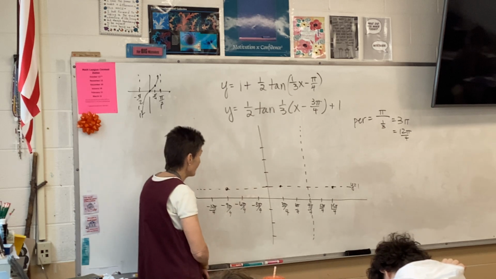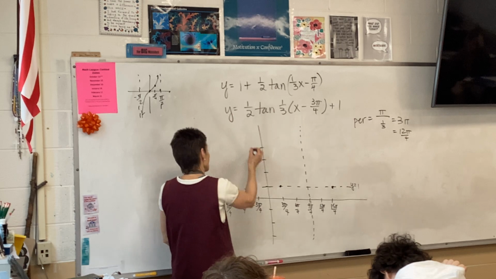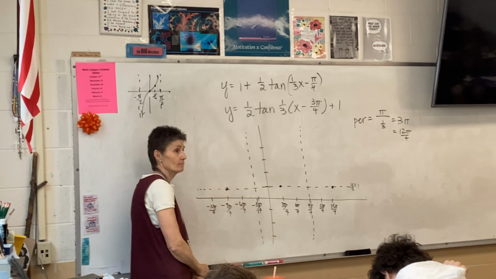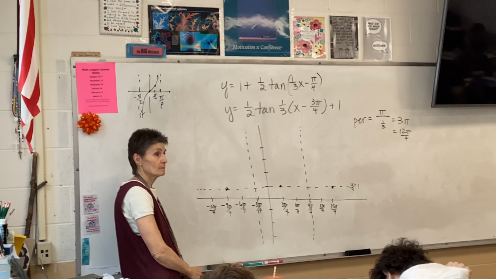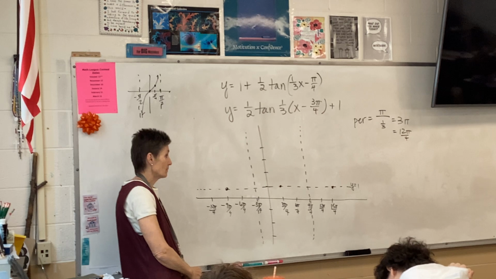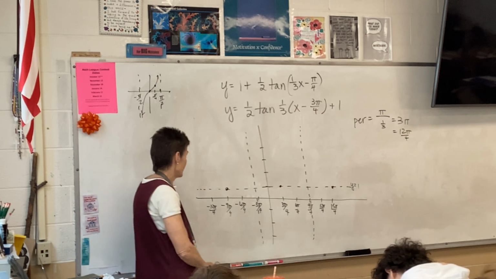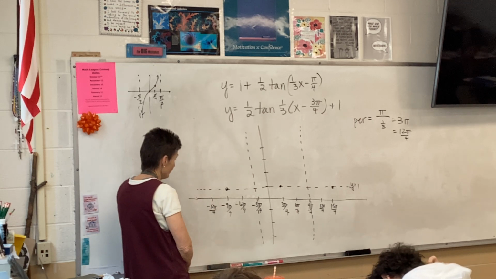And then I'll have another asymptote at negative 3 pi over 4. Is that all right with everyone? I'll make one more back here.